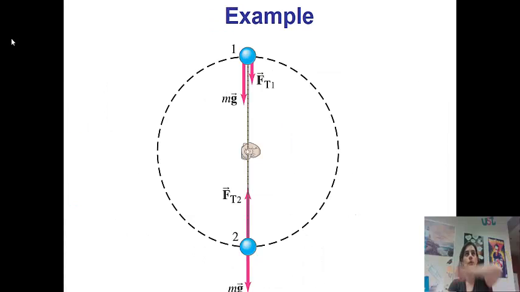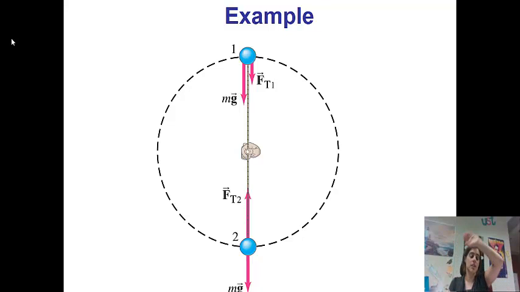Okay. So now let's say we're moving in a vertical circle. Here's the thing. When we get to the top of the path, and everybody's always like, oh my gosh, this is why you feel a little weightless if you go upside down in a roller coaster. It's because your normal force isn't pushing you into the seat. Gravity is pointing down, and you've got something pulling you towards the center of the circle, the tension force.